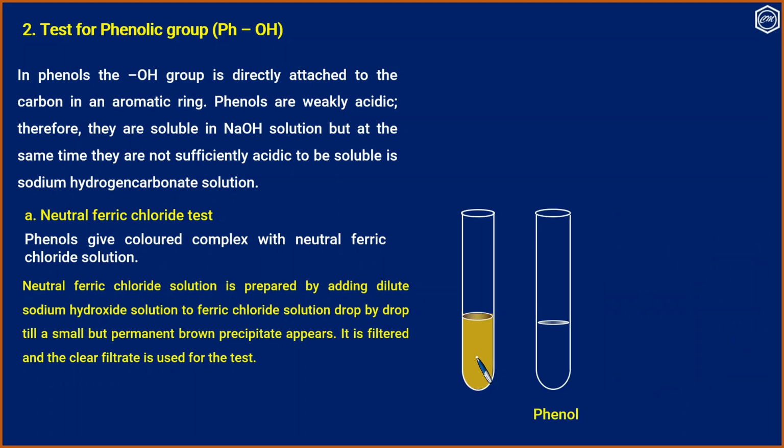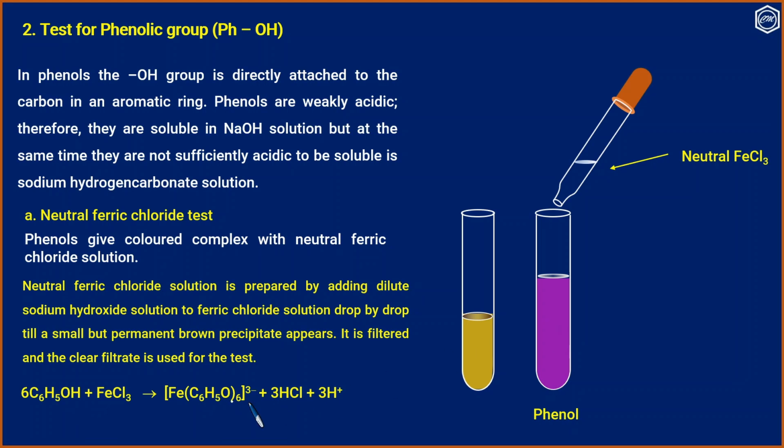Now, this is the phenol. About 1 ml of phenol is taken, and to that we are adding a few drops of neutral ferric chloride solution. A violet color appears, and the presence of this violet color shows the presence of phenol.